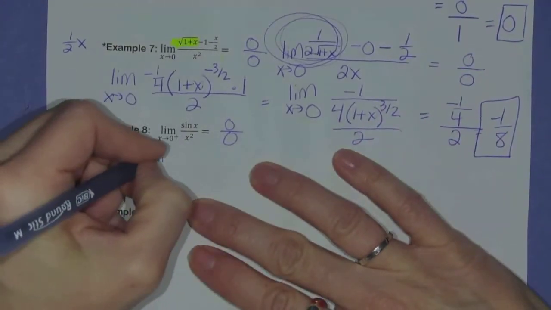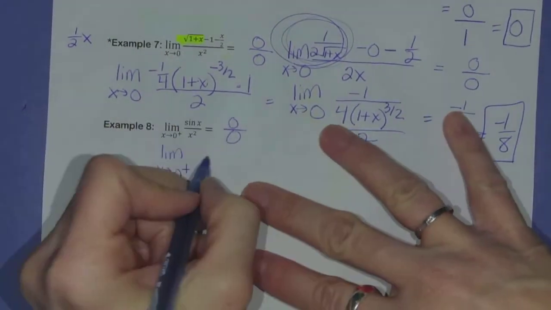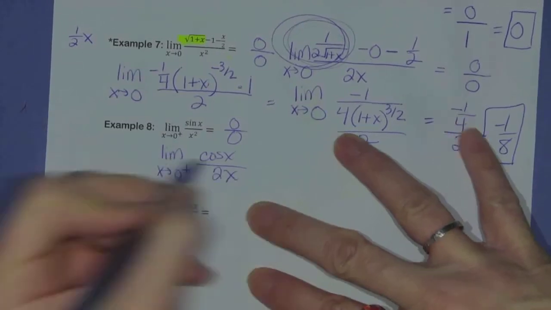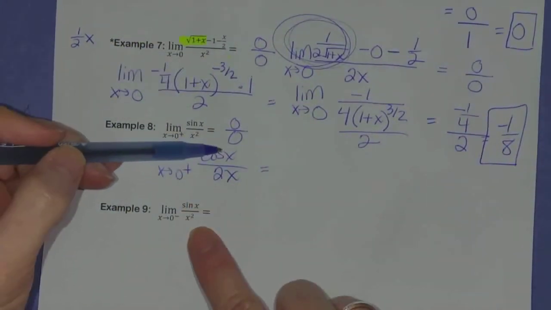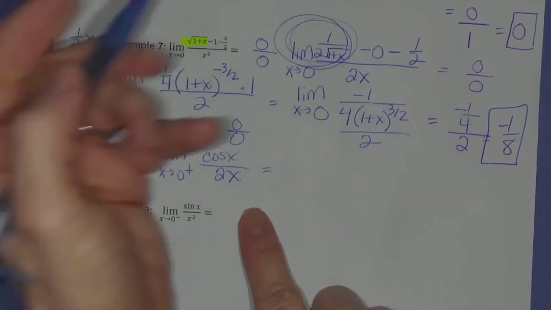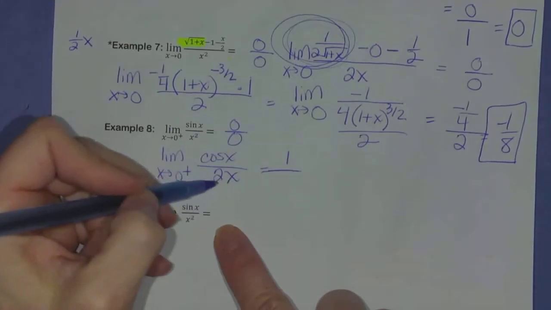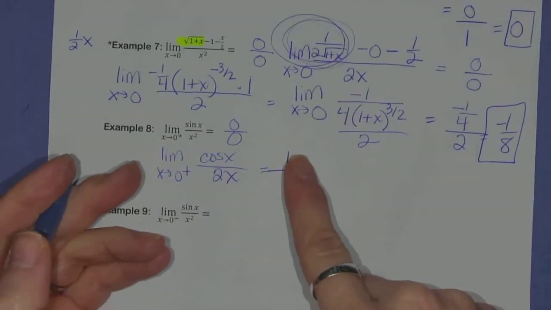Now we take the derivative of the top and bottom. The derivative of sine is cosine x. The derivative of x squared is 2x. Now, if we plug 0 back in here, the cosine of 0 is 1. And if we plug 0 down here for 2x, it would be 0.